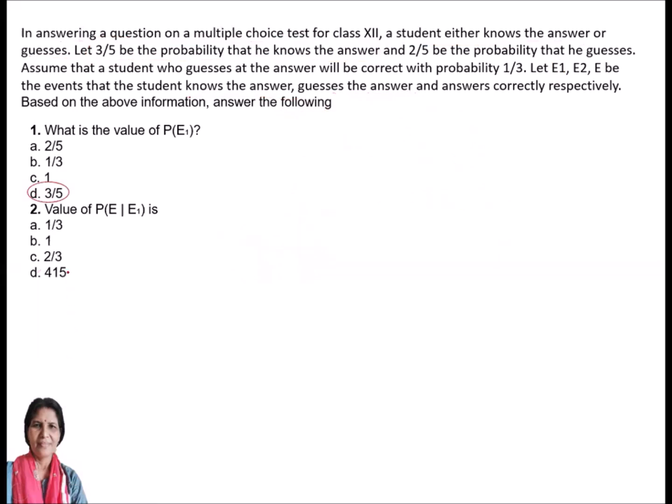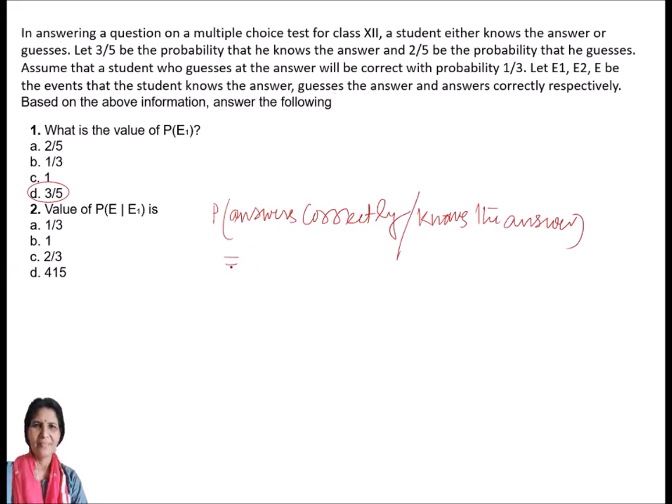Next question. Value of P(E | E1). This is: he answers correctly when it is already given that he knows the answer. This is not given in the question, so we have to apply our common sense.